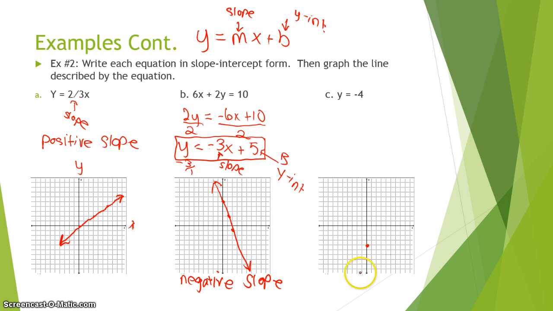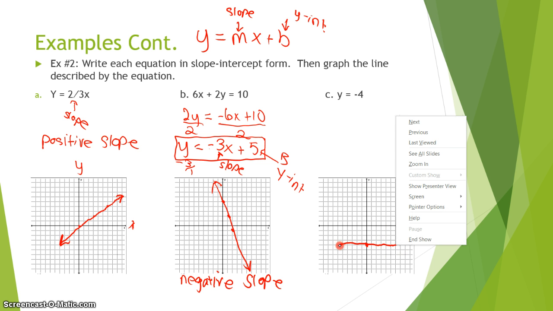I'll put my point. When you have y equals a value, this is going to be a horizontal line. So I can draw a straight horizontal line going through the point negative 4 along the y-axis.